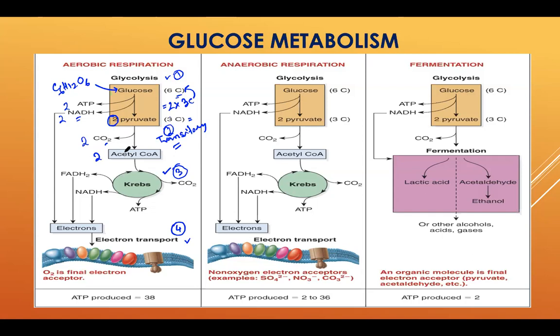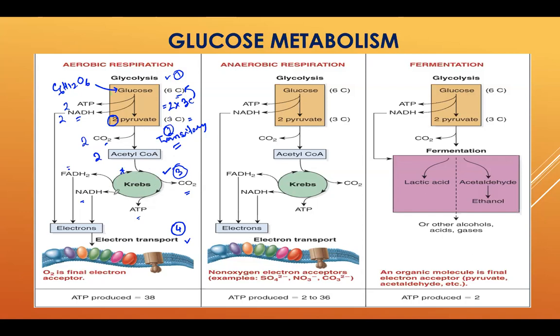Now this acetyl-CoA enters the Krebs cycle. It's a cyclic pathway, okay? It continuously happens. Basically the end product of the Krebs cycle works with the acetyl coenzyme A and ultimately produces carbon dioxide, ATP, NADH, and FADH. So 4 things are produced: carbon dioxide, ATP, NADH, and FADH.